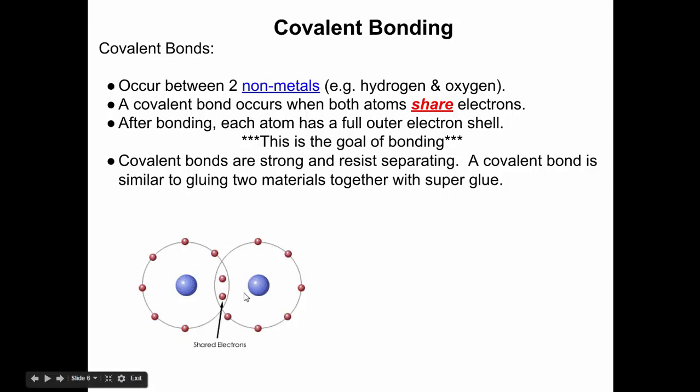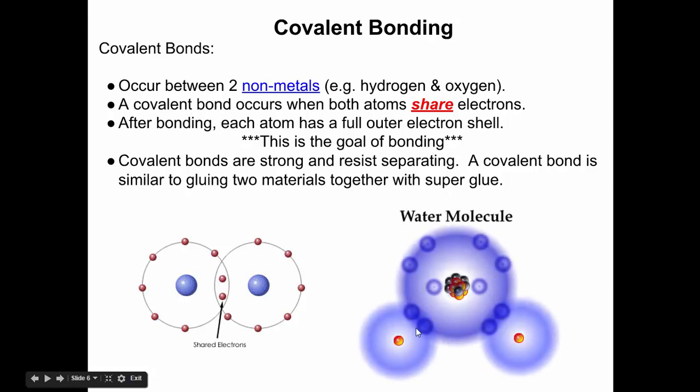So if you can see here in this diagram, here are your outer electron shells, and you've got these two valence electrons, and they're going to be shared between both shells. So they're going to go around here, sort of like maybe this figure 8 pattern. They're going to be crossing both shells.